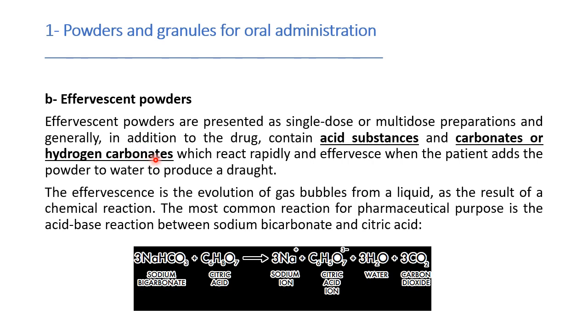These two substances are required to react rapidly and effervesce when the patient adds water to the powder. The effervescence is the evolution of gas bubbles in the form of carbon dioxide from a liquid as a result of a chemical reaction. The most common reaction in pharmaceutical preparation is the acid-base reaction. So it's a reaction between citric acid and sodium bicarbonate to produce water and gas.